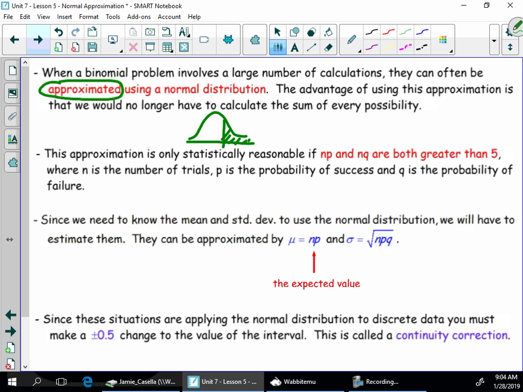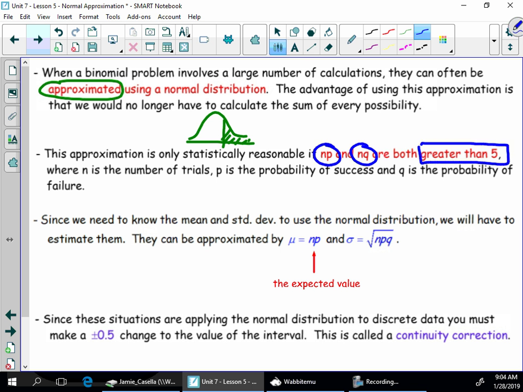Okay. But there are some things we have to work through first before we can actually apply the situation. It won't always work. It doesn't work when there's a small amount of data. To be honest, it only is statistically reasonable if np and nq are both greater than 5.